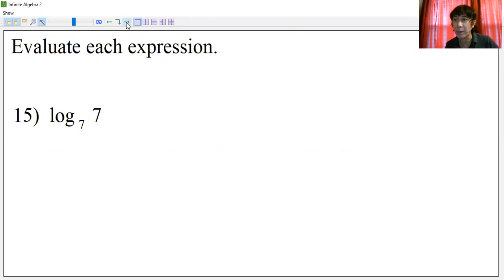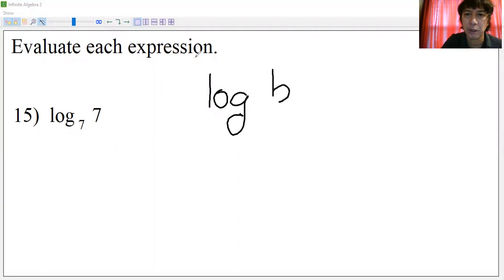Okay, here's another property. If you see the number after the logarithm and the base equal, the answer is 1. Here's another property that we shall discuss. If you have something like logarithm of b to the base b, that is equal to 1.